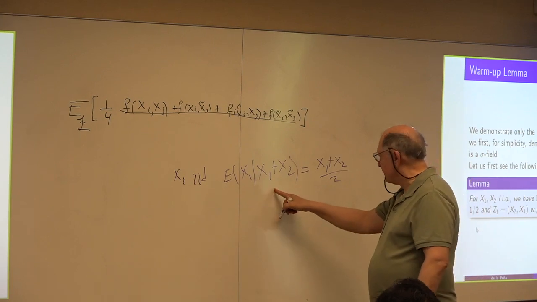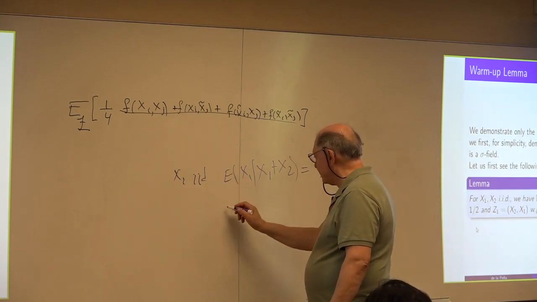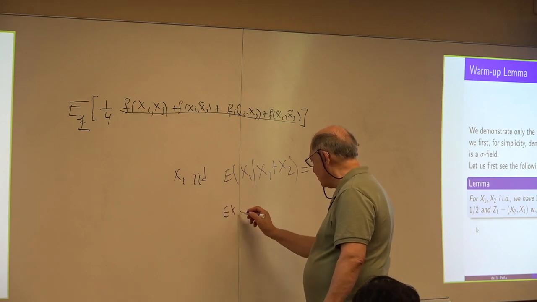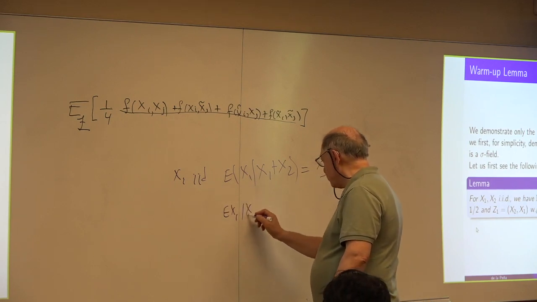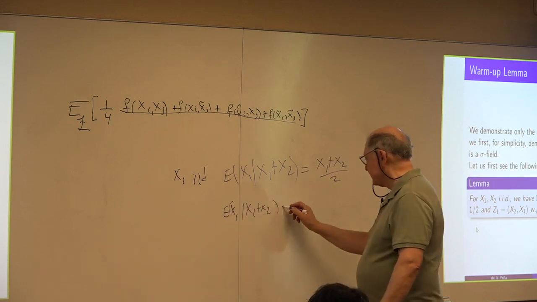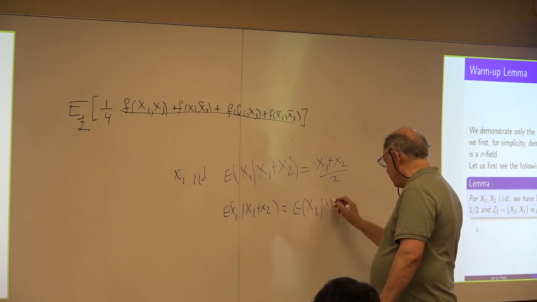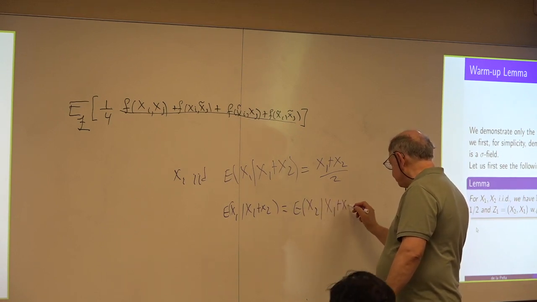And the proof is, we know that since the variables are iid, the expected value of x1 given x1 plus x2 is equal to the expected value of x2 given x1 plus x2.